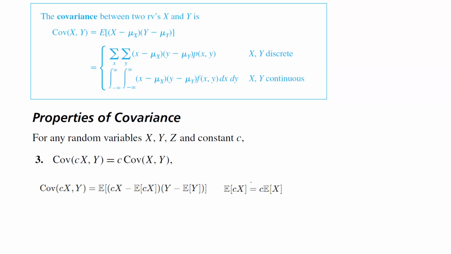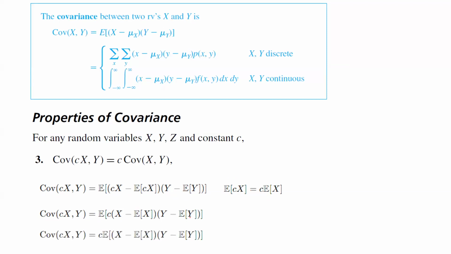Remember that the expected value of c times x is c times the expected value of x. So the covariance of cx and y can be written as the expected value of c times x minus the expected value of x times y minus the expected value of y. Or you can take this c and write it in front of the expected value itself. So the covariance of cx and y is c times the covariance of x and y.